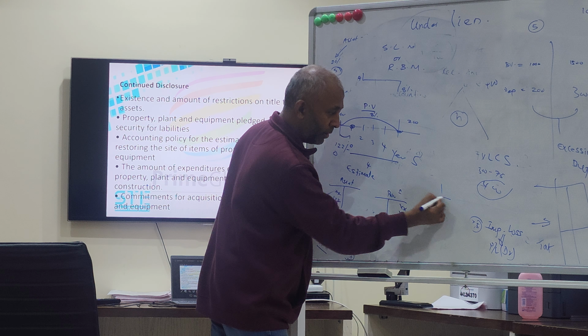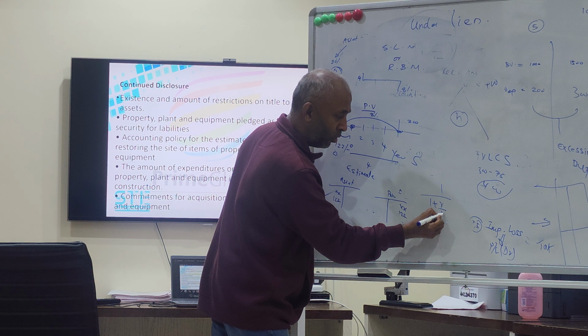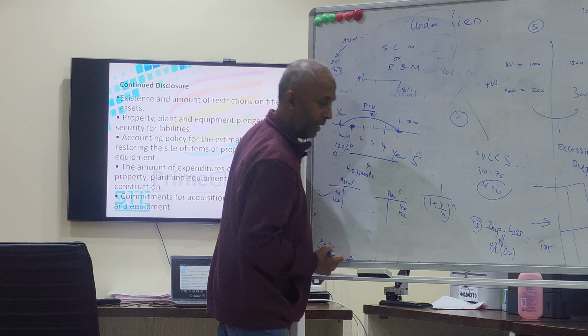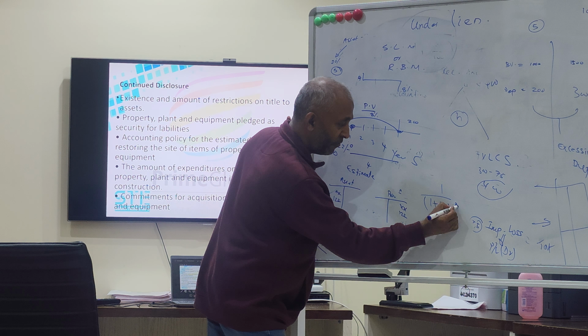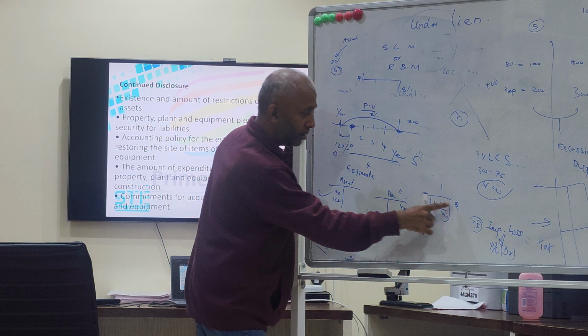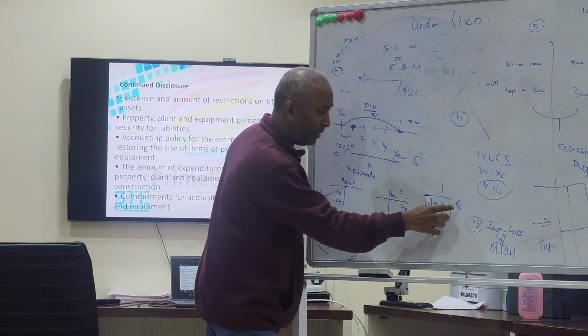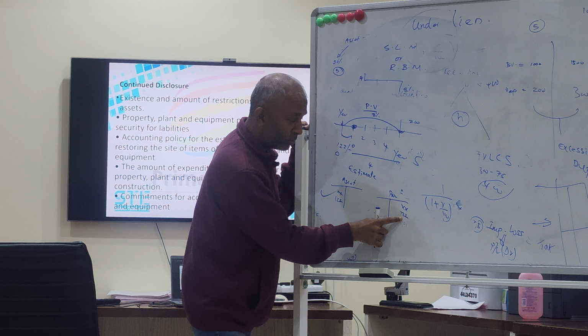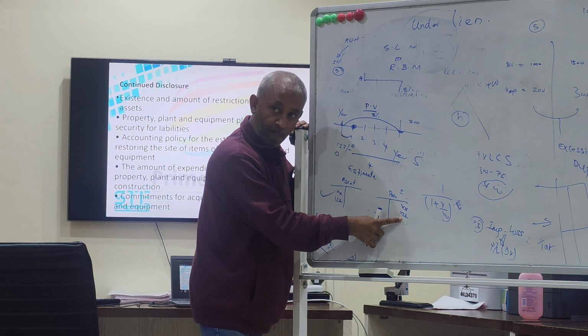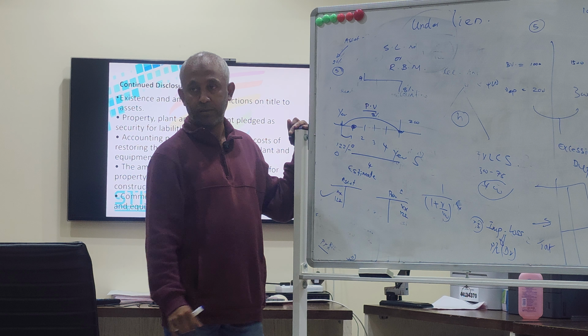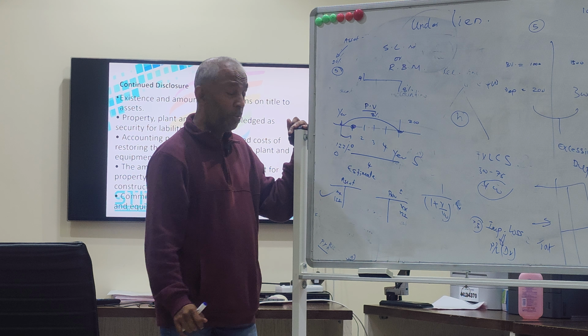You know the equation here: 1 over (1 plus r over 100) to the power n. When you are in year 0, n will be 5. When you are in year 1, this becomes 4. Now when it is 4, do you think the number will be bigger or smaller than this? Bigger. It will be bigger.